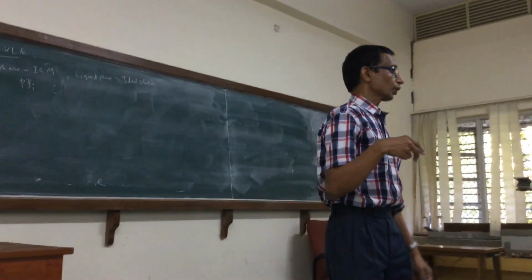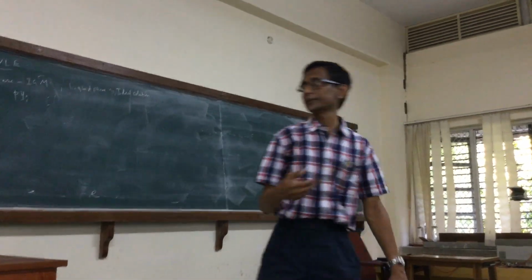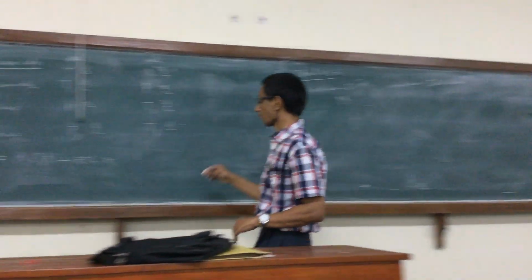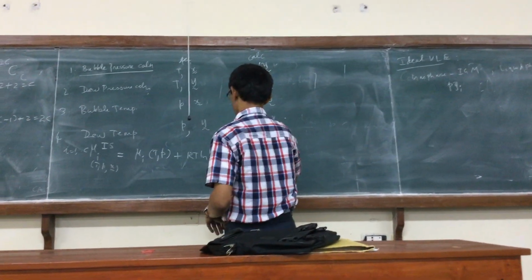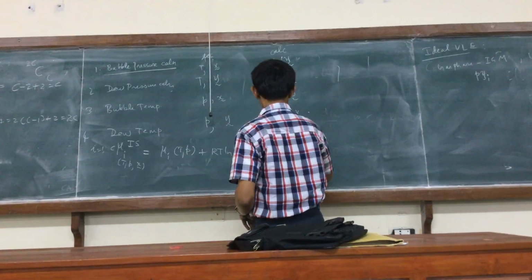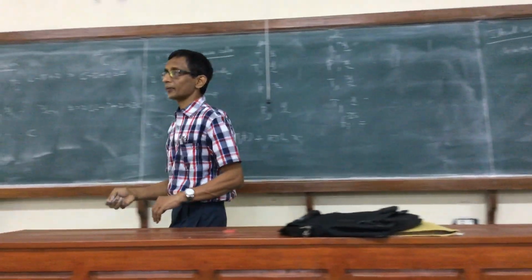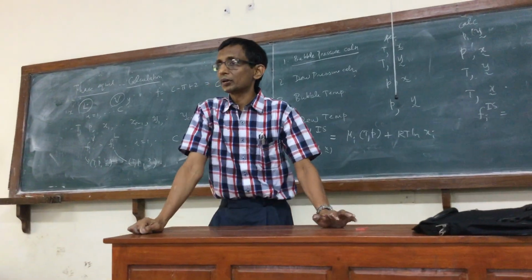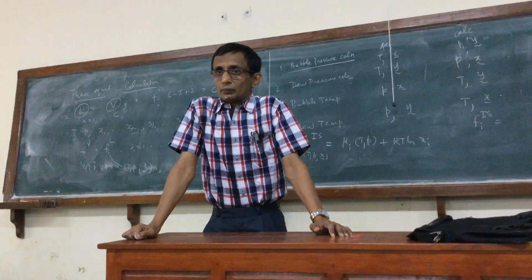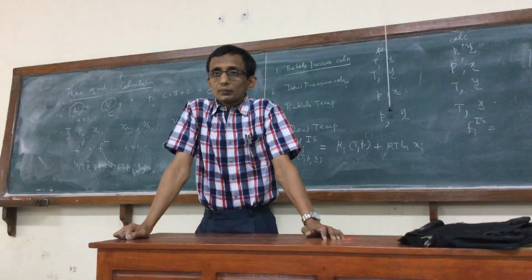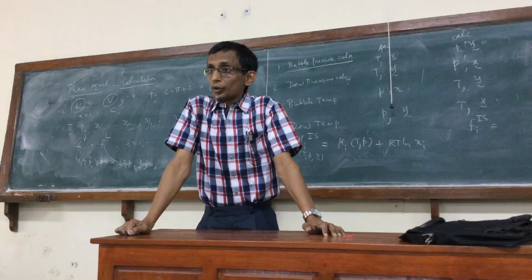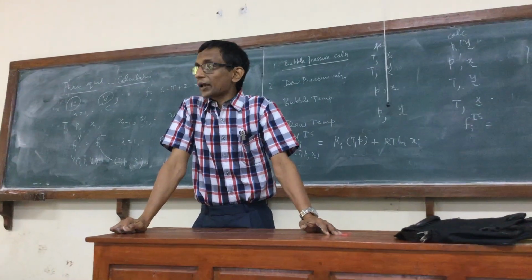We have already seen that. Now we want to convert this to a fugacity. What is the fugacity of a component I in the ideal solution? How would you go about calculating this?